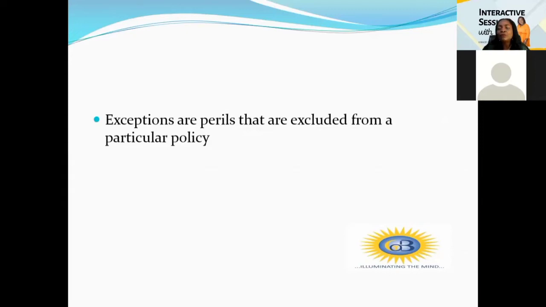The insurance of jewelry in an office environment will be an exception. I hope you can relate with that. It will be an exception because jewelry is not something you find in the office, maybe your gold or something. So insuring jewelry in an office insurance is an exception.